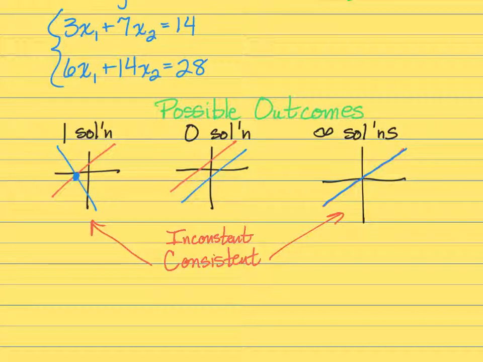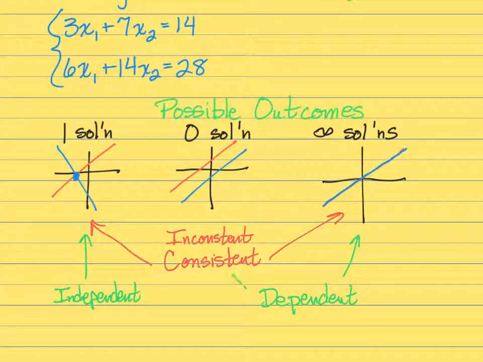Okay. And then we could also, this system with one solution, we call an independent solution, or an independent system. Whereas these two systems are both dependent. So we have some kind of overlap in this classification system, but those are some terms you want to become familiar with.